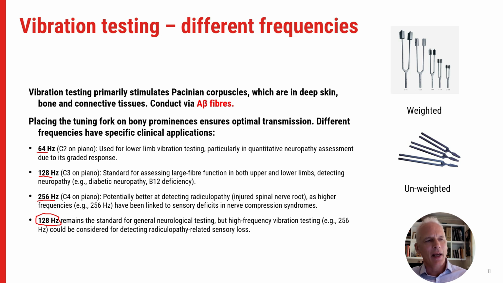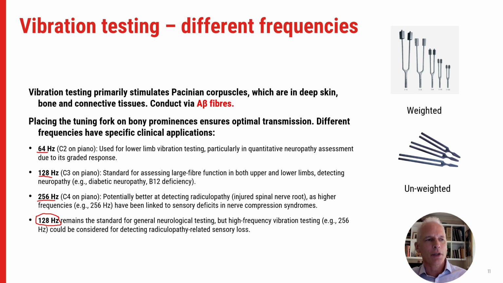The reason they've used 64 Hertz, the slower vibrating tuning fork, in the lower limb is because there isn't as much density in the nerve endings in the lower limb, and so you don't have the same resolution and definition in your feeling as you do in your hands and fingers. So the lower limb historically has been relegated to 64 Hertz, and the upper limb is 128 Hertz.